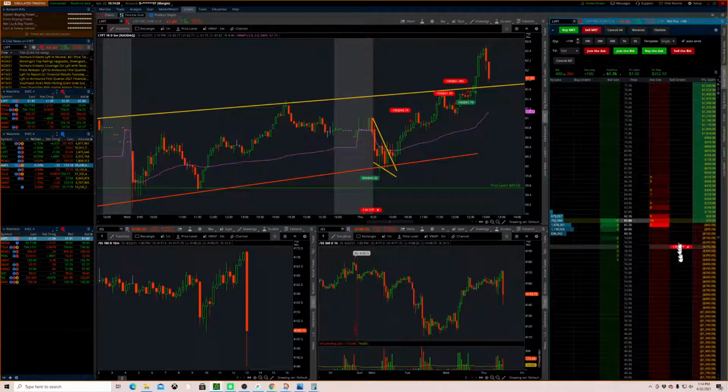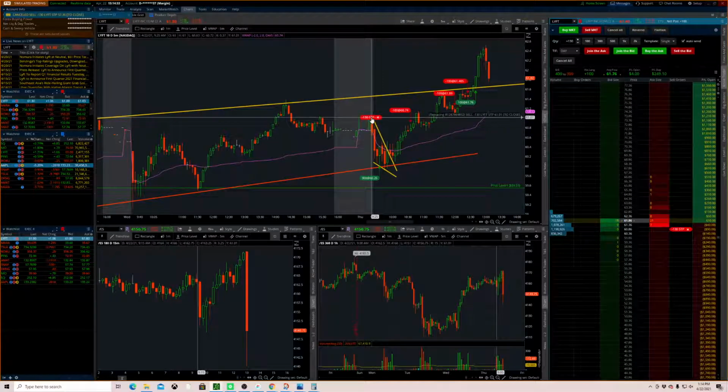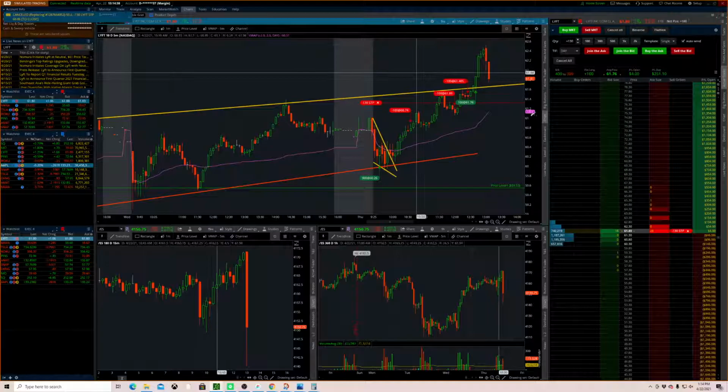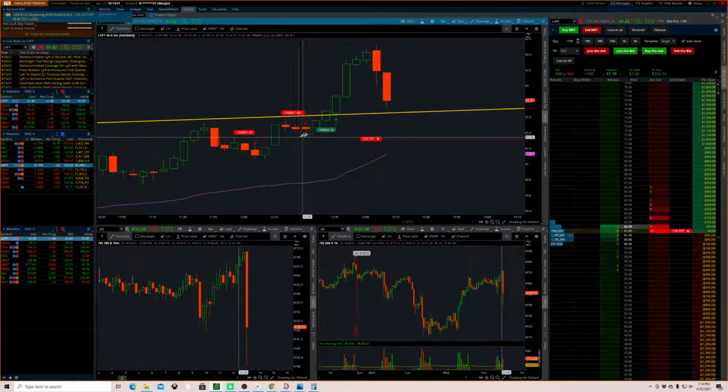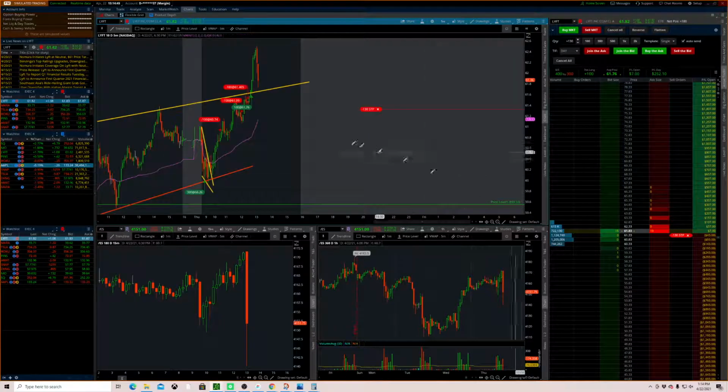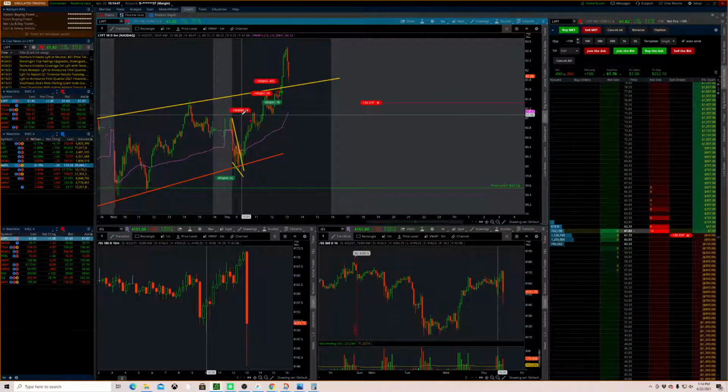Let's put a stop. We're not risking more than 90. We need to move the stop a bit higher. I'll just move it here, to the swing low, even though that's not a great place to put a stop. And what is the risk on that? 14. Yeah, let's move the stop.